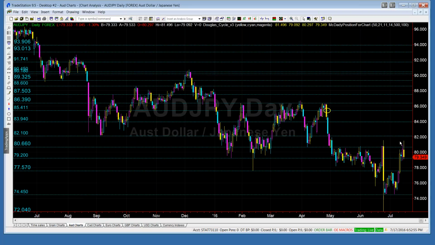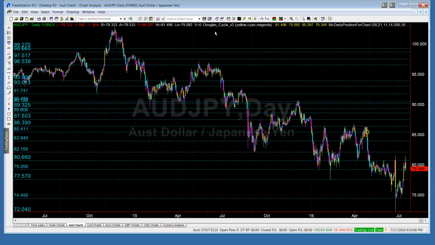So technically we're short. We are already supposedly short. But if it gets below the 79.20, this is the general direction that the Aussie yen is to the downside, downtrend, so the move is going to be further down. So we have a good short entry below the 79. If it gets above the 80.66, then we're going to buy.